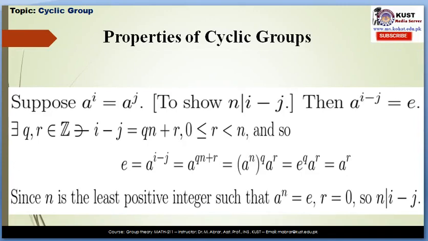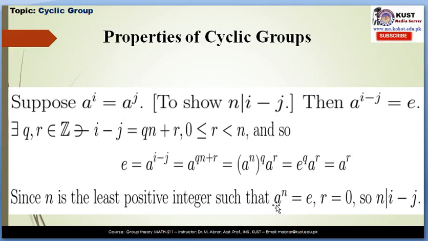Now we are in the second part where the order was finite. If we assume that a^i is equal to a^j, and of course we have to show that n divides the difference, then we can write a^(i minus j) is e. Again, by the division algorithm we are able to write in this form, and if we replace this i minus j by qn plus r, we can write all this equal to a^r, because n is the least positive integer.